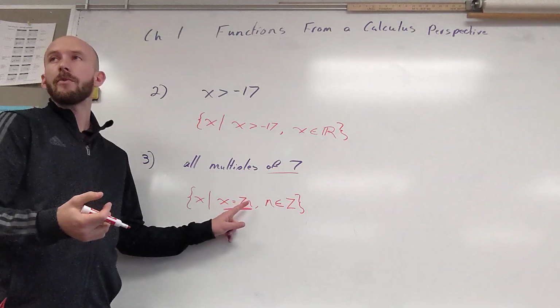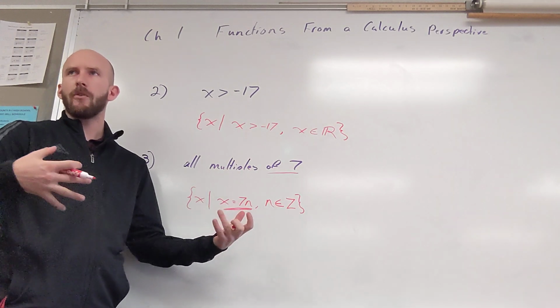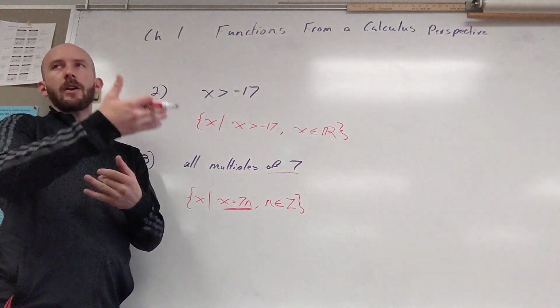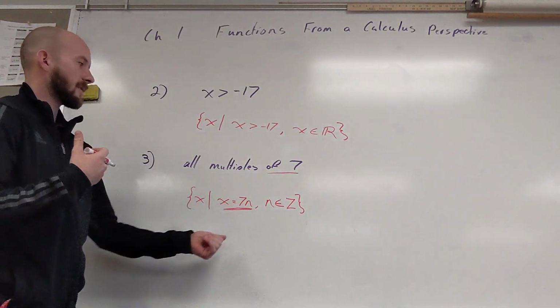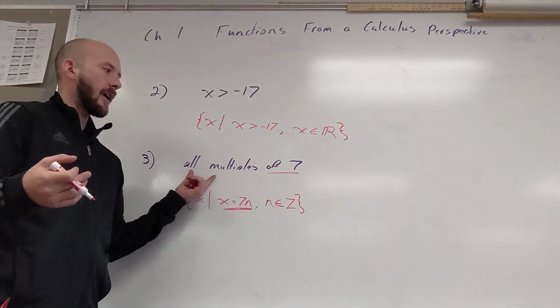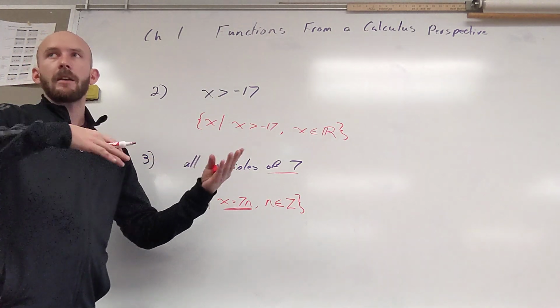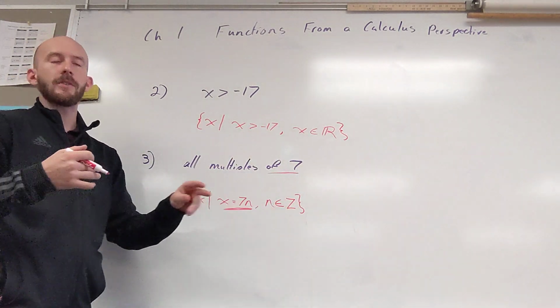If I put 1 in for n, I would get 7. If I put 2 in for n, I would get 14. If I put 3, I would get 21. I can go in the negative direction, but that's going to give me all multiples of 7. There's no way I could ever list all those out, right? Because it's going to be infinite, but I can describe it using properties here.